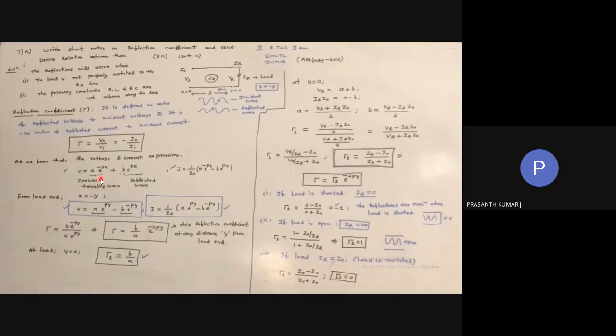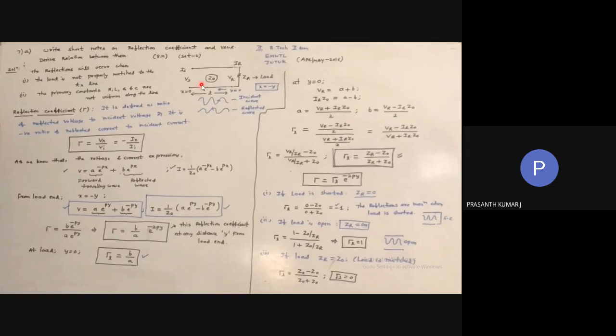We know the voltage and current expressions: V equal to A e power minus gamma x plus B e power gamma x, and I equal to 1 by Z0 times A e power minus gamma x minus B e power gamma x. These are the two equations we have derived for transmission lines.